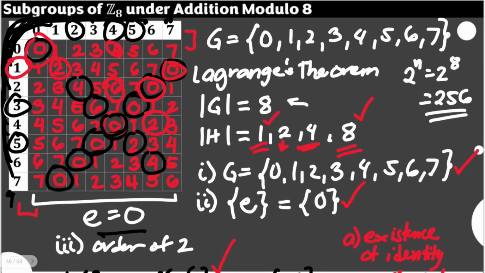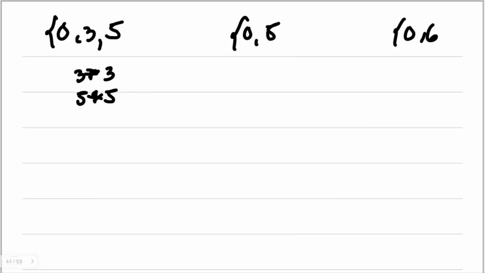So we need 2 and 6 for this one here. So when we need 2 and 6, this is no longer order of 4.